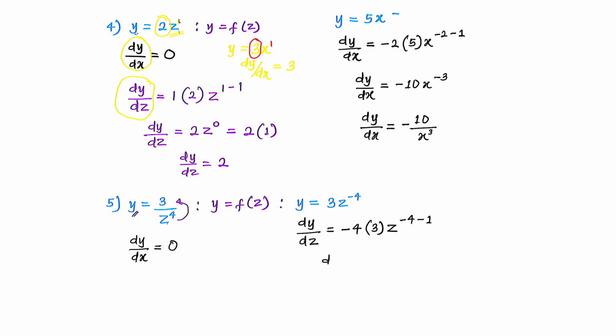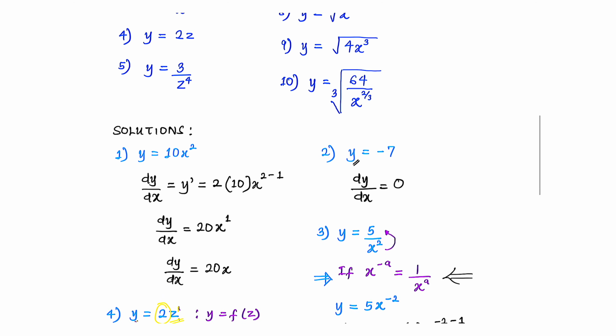So dy/dz equals negative 4 multiplied by 3 is negative 12, z, negative 4 minus 1 is negative 5. We can leave the answer like this, or you may rewrite it as dy/dz equals negative 12 divided by z raised to power 5. And that's the solution.